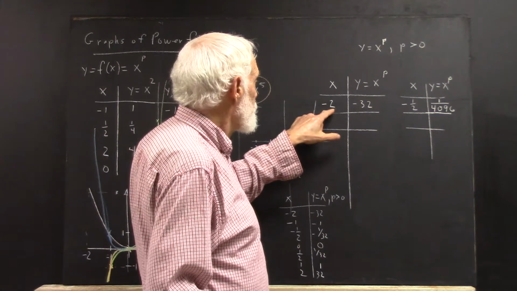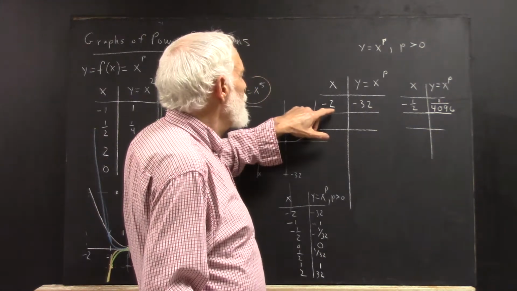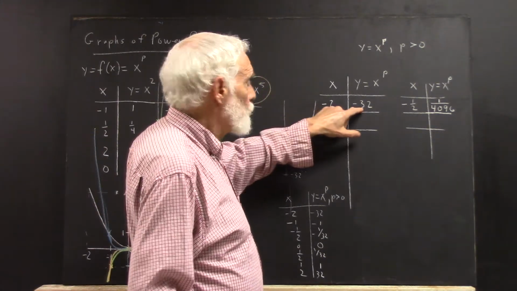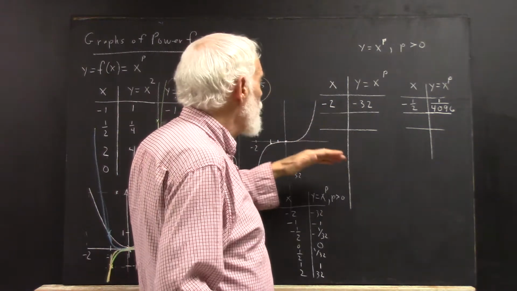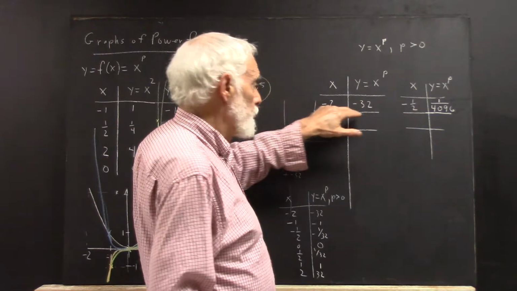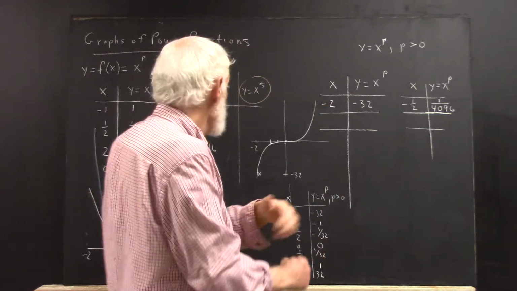Okay, first of all, x being negative makes y negative. This means that the values of y for all negative values of x are going to be negative.